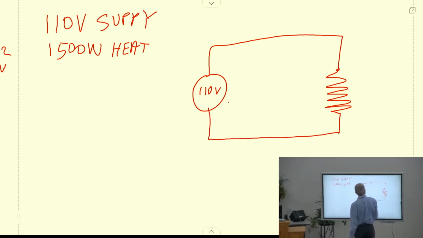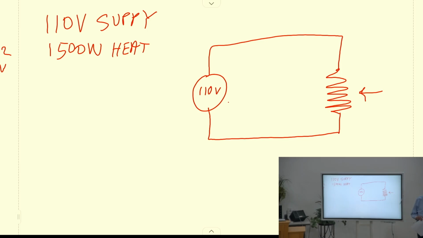And you're designing this space heater, and you need to order the resistive element, and you need to tell them how many ohms. What resistance element do you need in order to do this? So you're designing the space heater, and you got to order that.